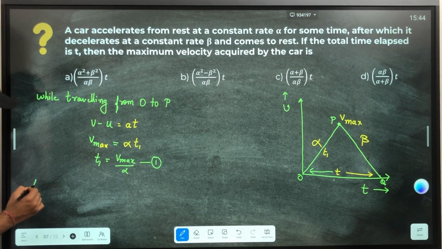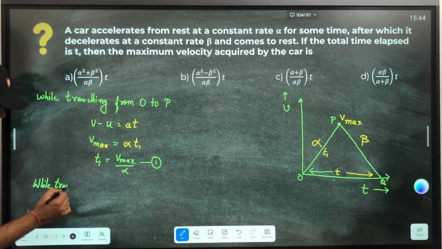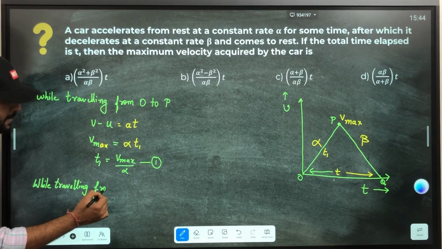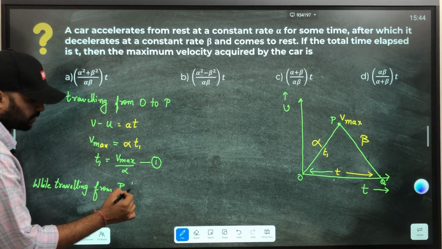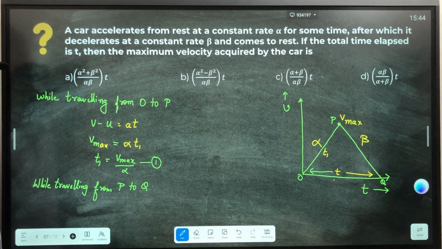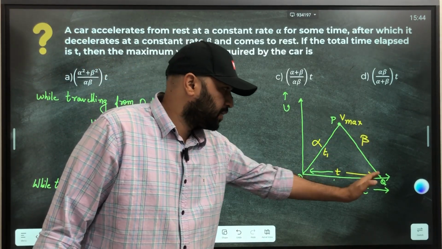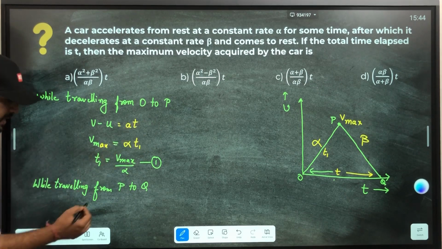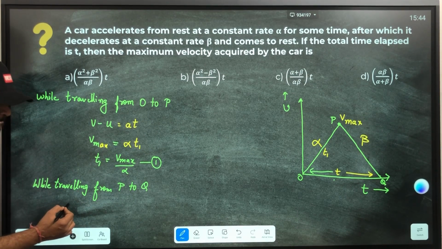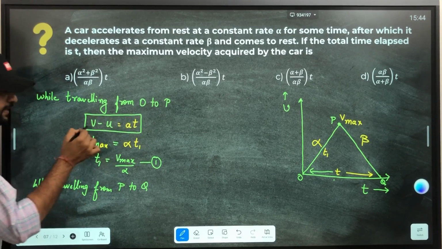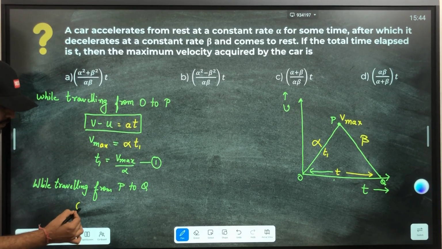While traveling from P to Q, you are decelerating. Your velocity is decreasing, right? So if you are decelerating from P to Q, your initial velocity is Vmax. I'm again using the same equation of motion. What is the final velocity? So 0. What is U?